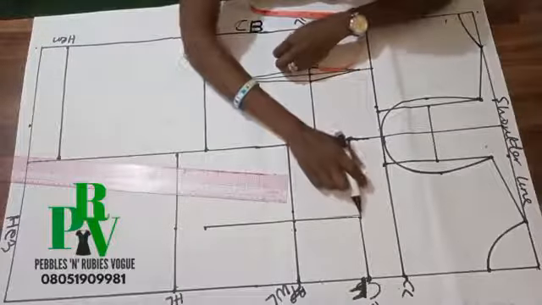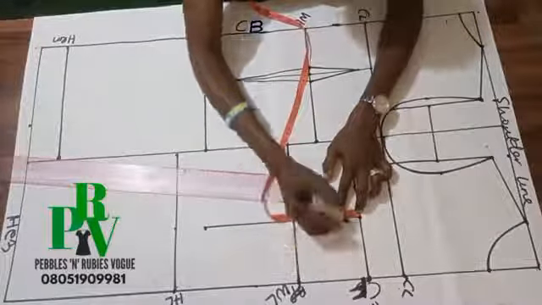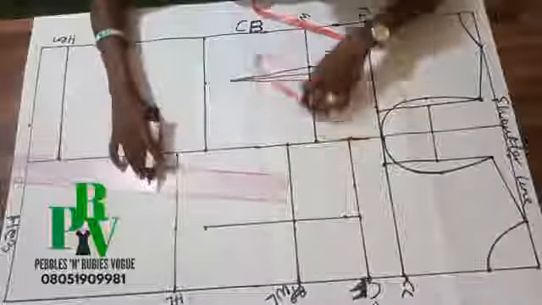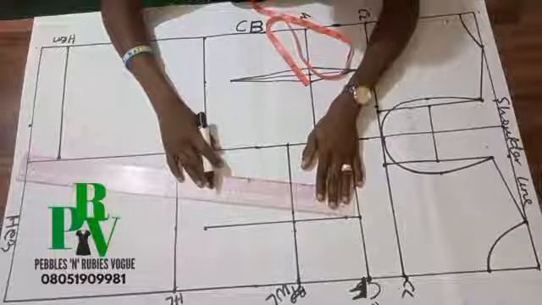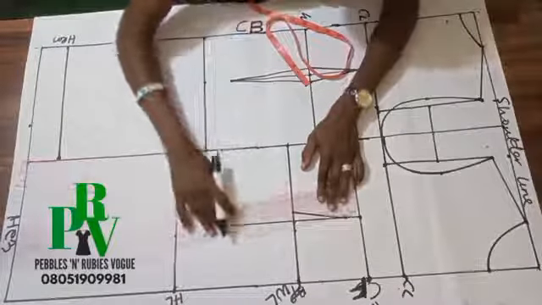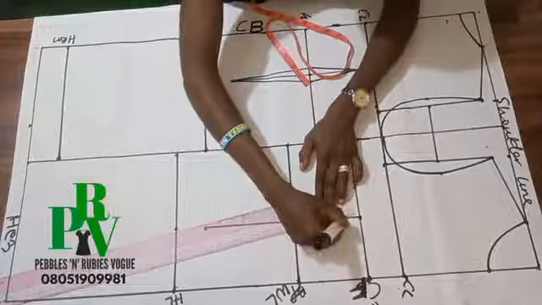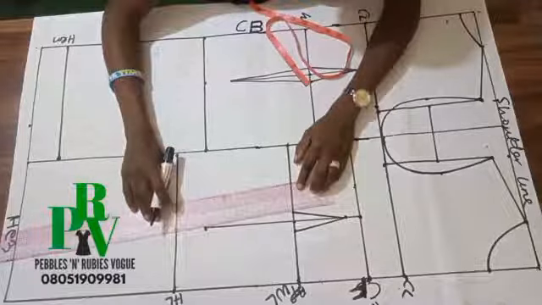From the bust point, we'll come down by 1 inch as well, and then connect my dart to this point, and then to the 2 inch above the hip line.